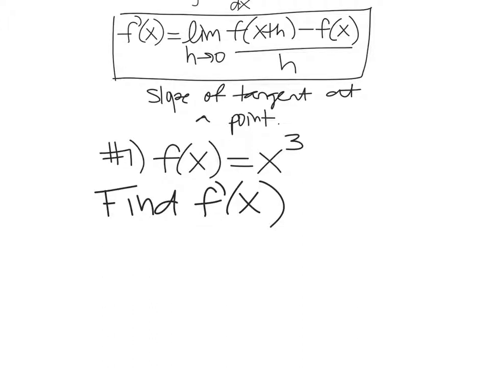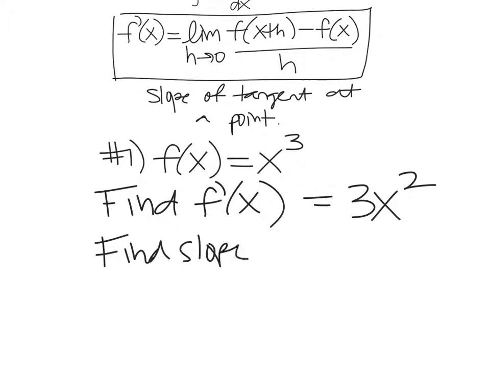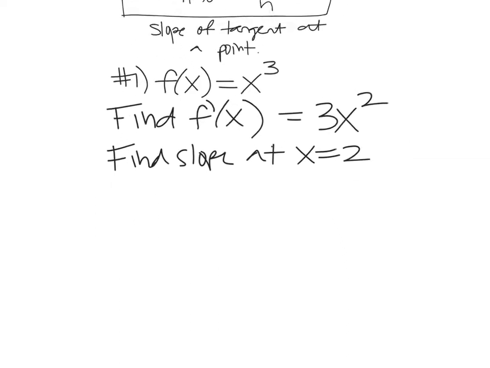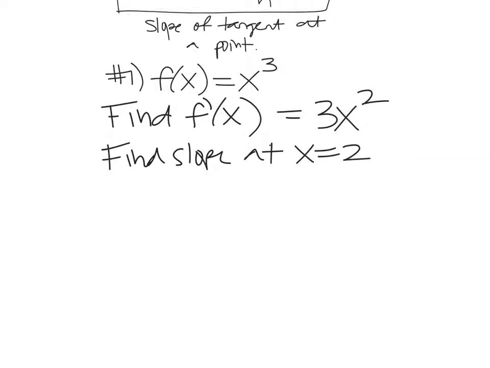Remember we did the binomial expansion theorem? 1, 3, 3, 1, and then we got all the stuff. And it ended up being that we got 3x squared at the end. And I'm going to teach you a shortcut later on in this chapter about that. And then the question was to find the slope at x equals 2. It helped us find the rate of change at exactly 1 point, at x equals 2. And so you plug in 2, and you get that the slope is 12.